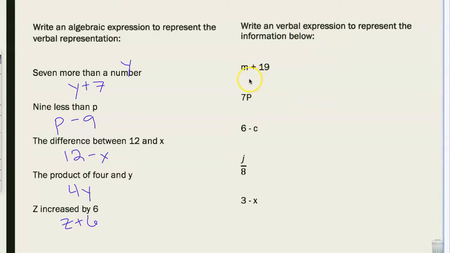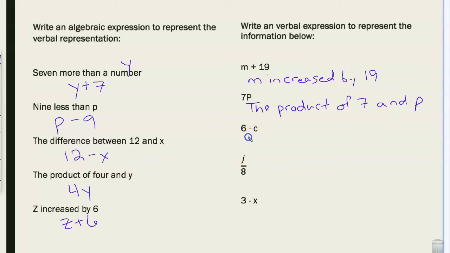So I could say this is m increased by 19. This could be the product. You could use lots of things for this. 7 times p. You can literally write out 7 times p. The product of 7 and p.